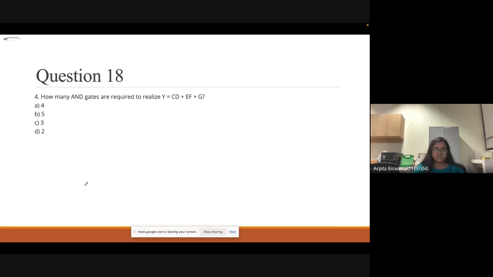What is the right answer? How many AND gates are required to realize Y equal to C into D plus E into F plus G?